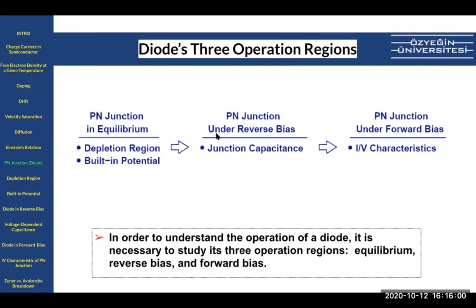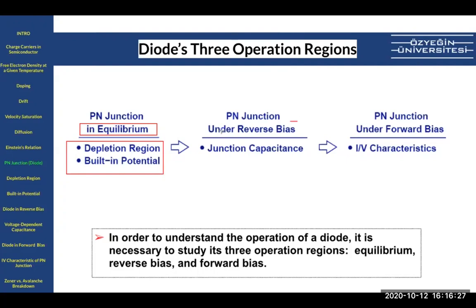So the diodes or the p-n junction operates in 3 different regions. There is a p-n junction in equilibrium, a p-n junction under reverse bias, or a p-n junction under forward bias. So we will go through all of them one by one, what they mean. We'll first talk about equilibrium, and we'll talk about what is a depletion region and built-in potential.